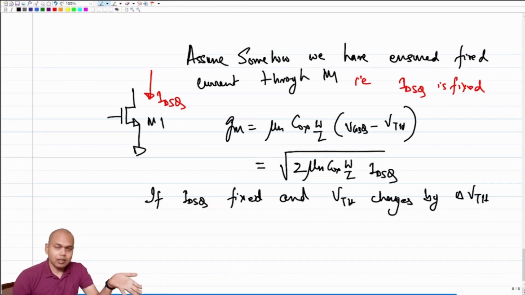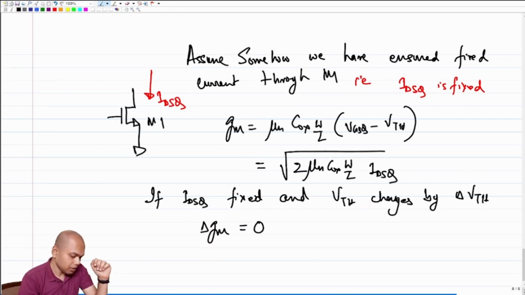Clearly you see that the change of GM will be 0, because GM doesn't depend on threshold voltage anymore. So delta GM will be equal to 0.